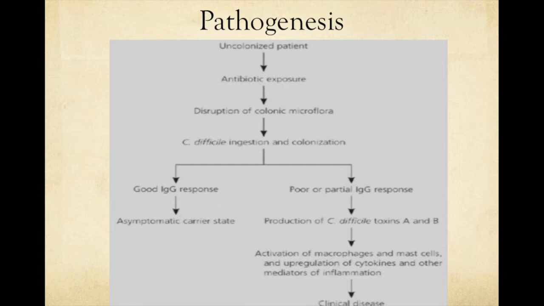After this happens, you end up seeing the production of the C. difficile toxins, so toxins A and B, and this eventually leads to the clinical disease. The hallmark or precipitating event itself is the actual infection through the disruption of the flora.